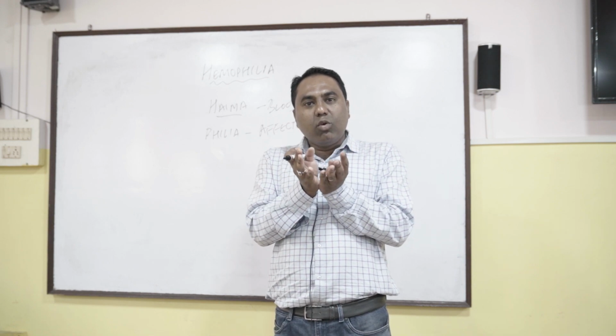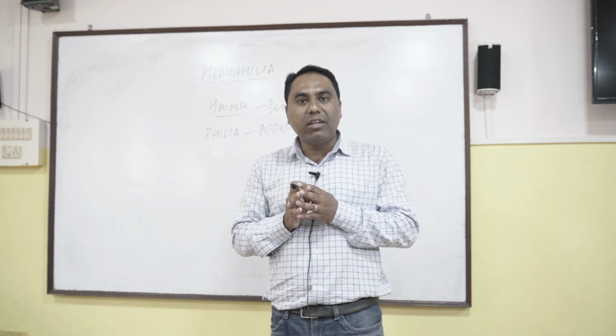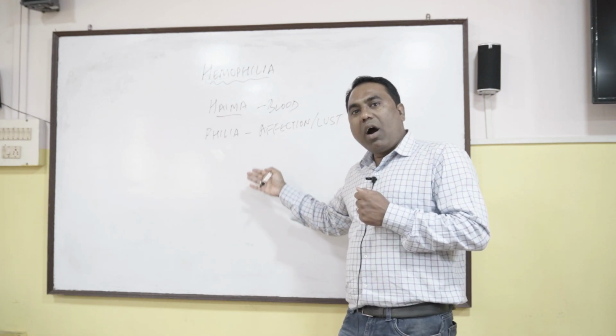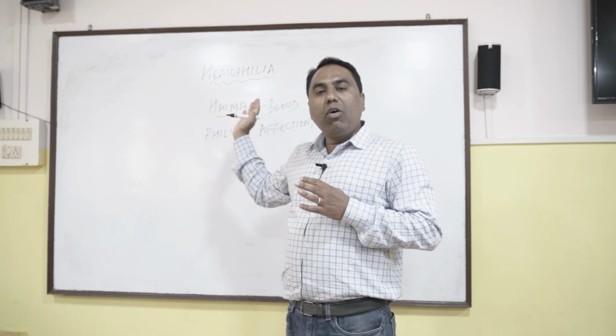Now what is this clotting factor? In the blood we have many different types of blood clotting factors, starting from clotting factor 1, 2, 5, 10, 12, 11, 9, all those clotting factors.